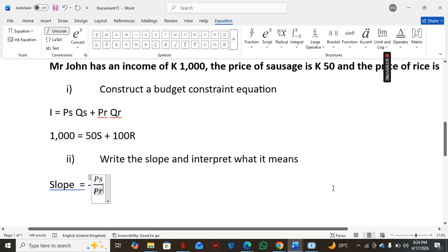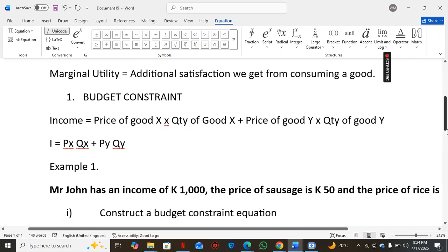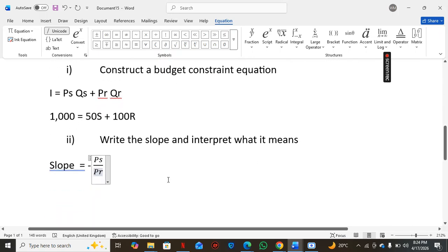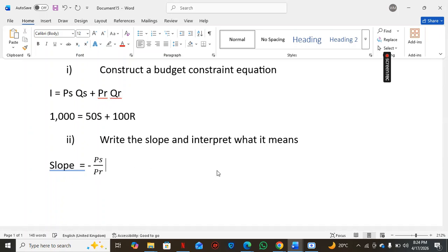Sausages will be on our x-axis, rice will be on the y-axis. This negative sign just represents a downward sloping line.